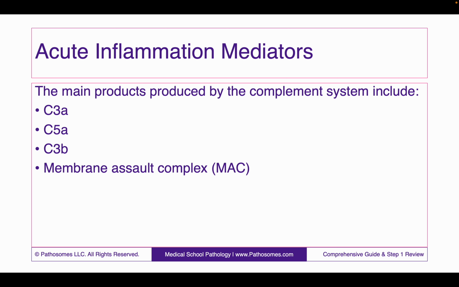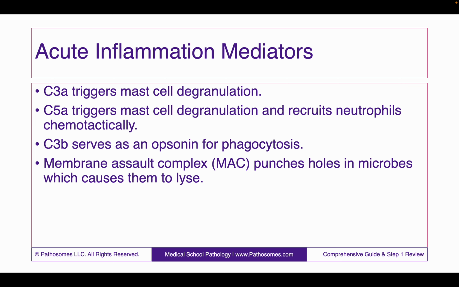The main products produced by the complement system include C3a, C5a, C3b, and the membrane attack complex. My editor, boy, I'm going to have a talk with him. Membrane attack complex. C3a triggers mast cell degranulation.